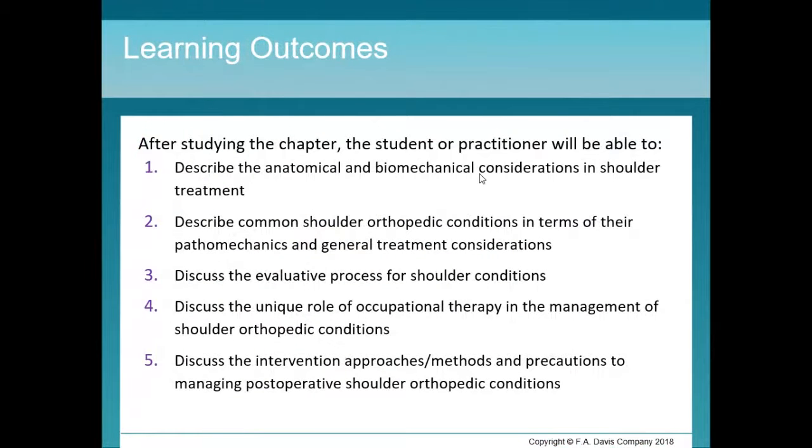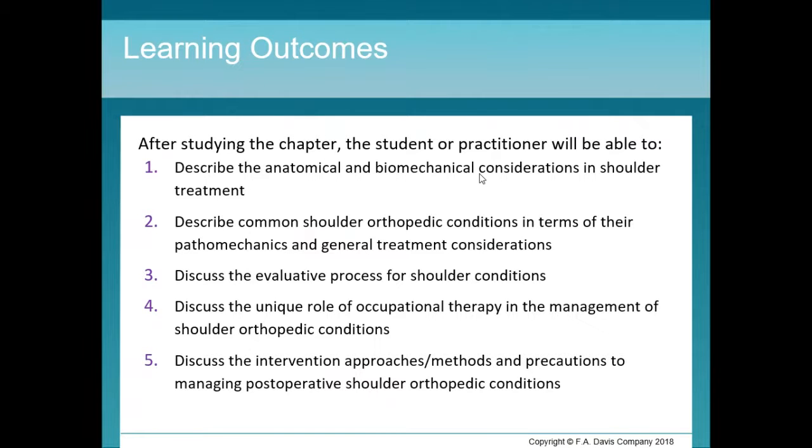So, your learning outcomes for this chapter: you want to describe the anatomical and the biomechanical considerations in shoulder treatment, describe common shoulder orthopedic conditions and different interventions to treat them. We're going to discuss the evaluation process for shoulder conditions, the unique role of OT in the management of shoulder orthopedic conditions, and the intervention approaches, methods and precautions.